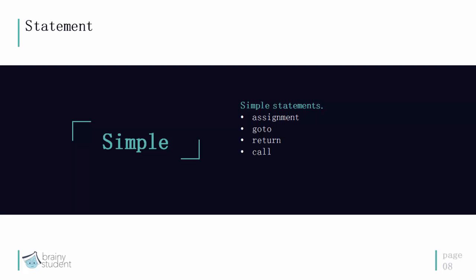Let's start with simple statement. A simple statement is nothing but assignment. If I'm writing A is equals to 5 plus 6, I'm providing an expression with constants and a variable. 5 and 6 are constants and A is a variable.